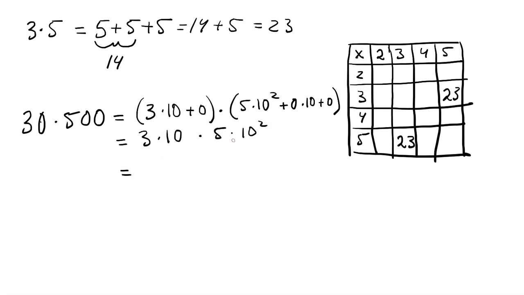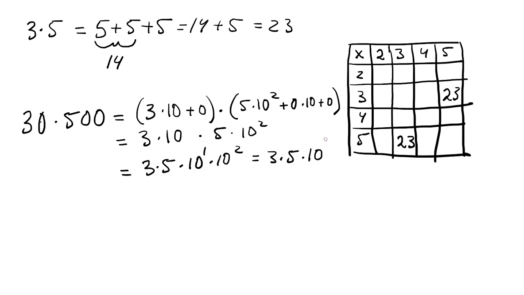And now we know that multiplication is commutative and associative, so we can change the order here in the way we like. So I can write this as 3 times 5, 10, 10 to the second. And here is a 1. Now we know the rule for exponents: we just add these two because we have the same base.